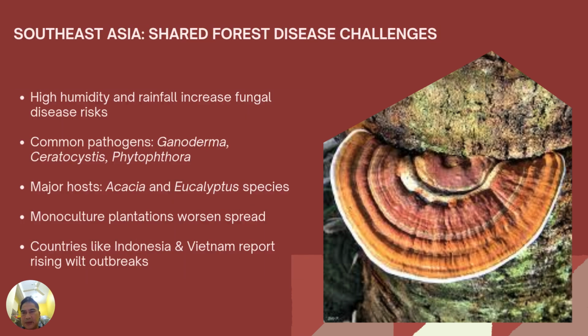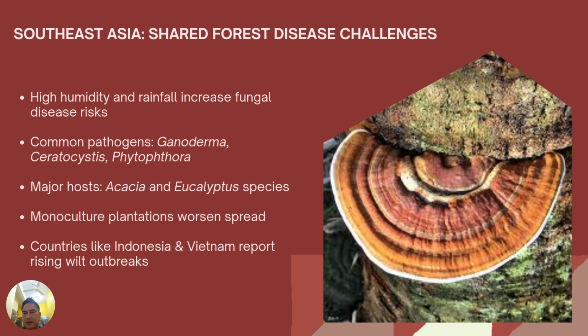Now, moving into the Southeast Asia region, a lot of the disease challenges here are actually pretty similar across countries like Malaysia, Indonesia, Vietnam, and even Thailand. One of the main things is the climate. The high humidity and constant rainfall in tropical areas create perfect conditions for fungal diseases to thrive.